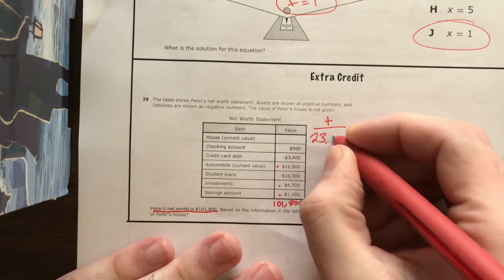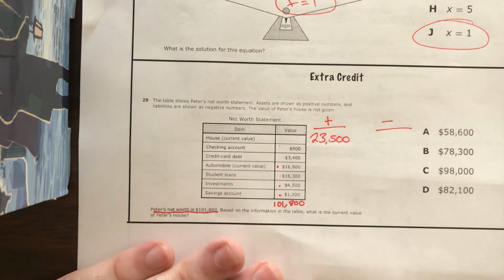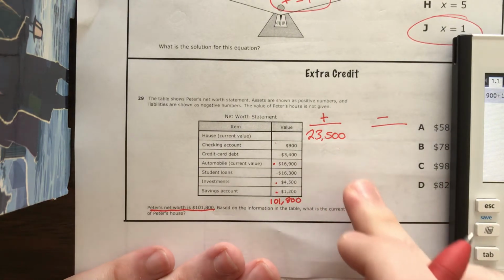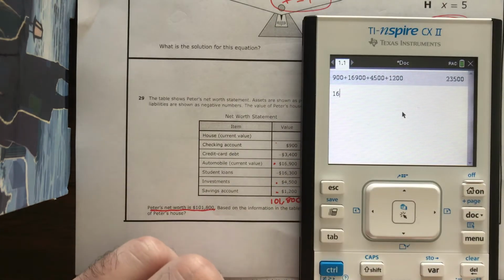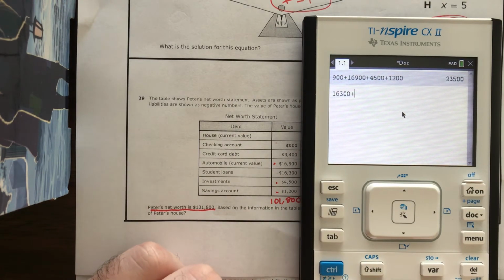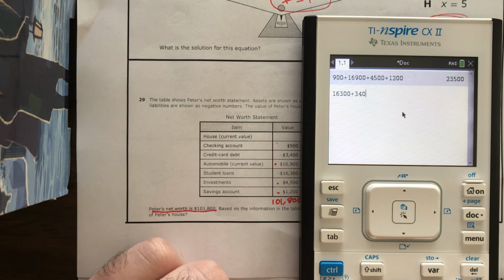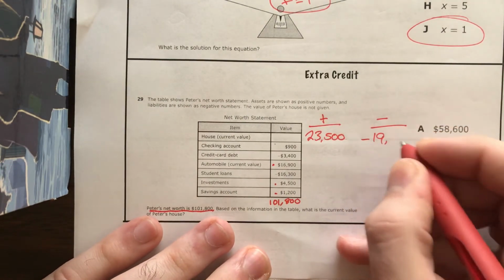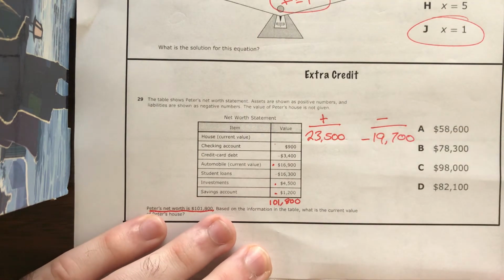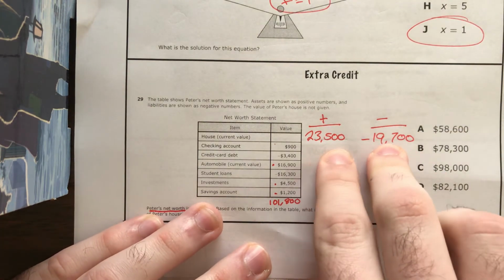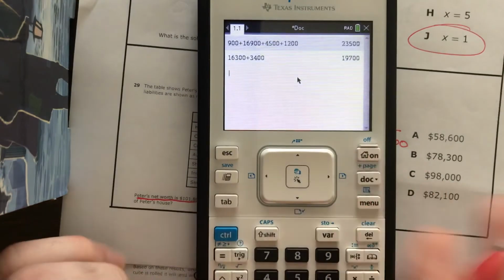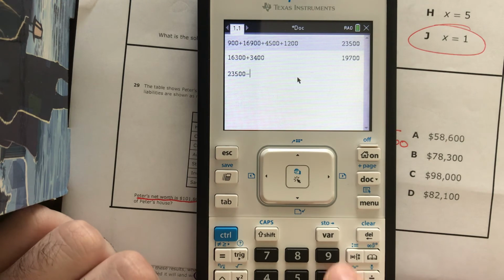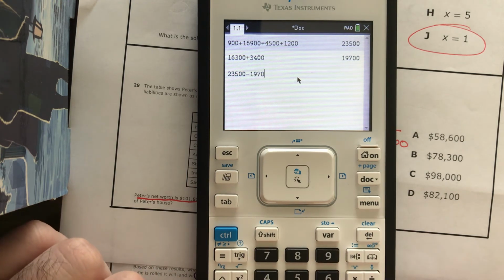So as shown, all of his positive values are $23,500. His negatives, which are his credit card debt and his student loans, are 16,300 and 3,400. We're adding our negatives together, and we get a negative 19,700. So then I have different signs. I need to subtract those two. So I'm going to do 23,500 minus 19,700.